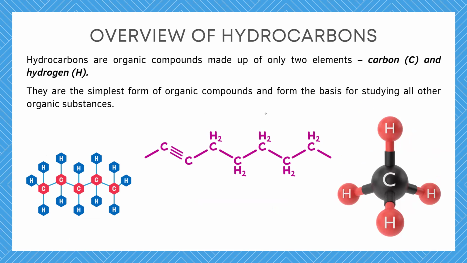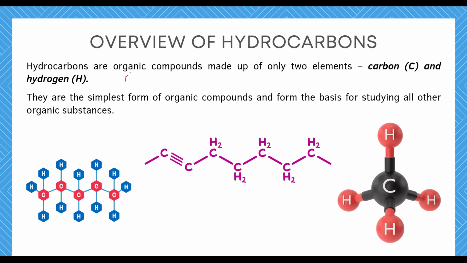So now let's see what hydrocarbons are, because in this class we're learning how to name hydrocarbons. Hydrocarbons are actually the combination of two words. What are those two words? You have hydro and then you have carbon.